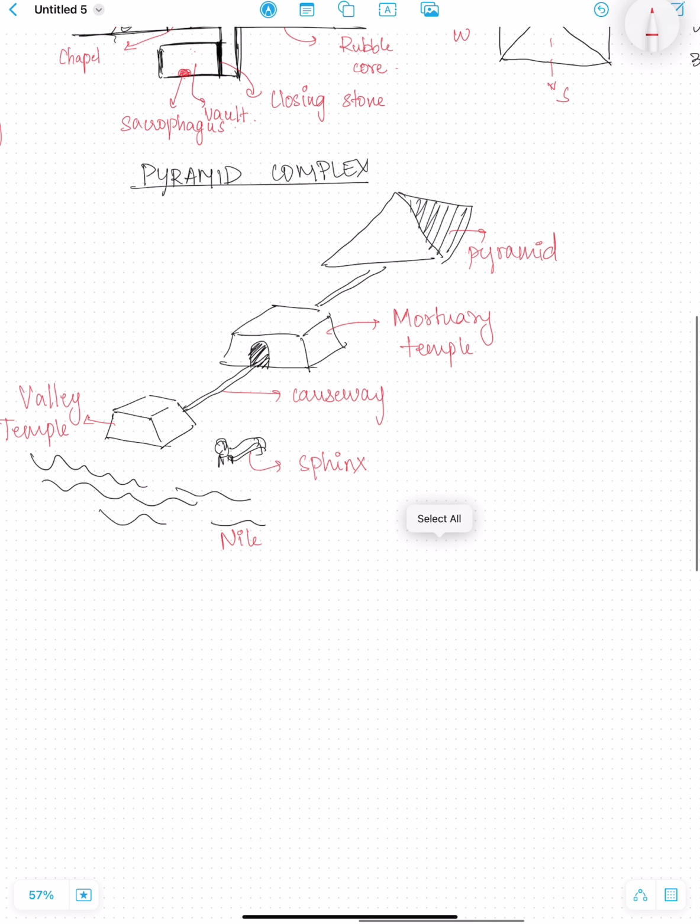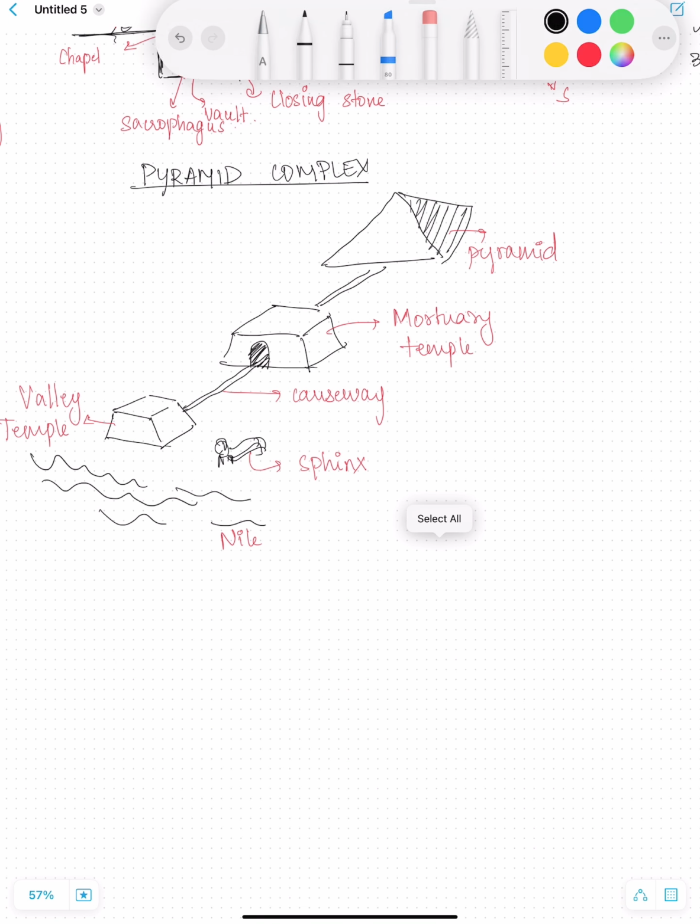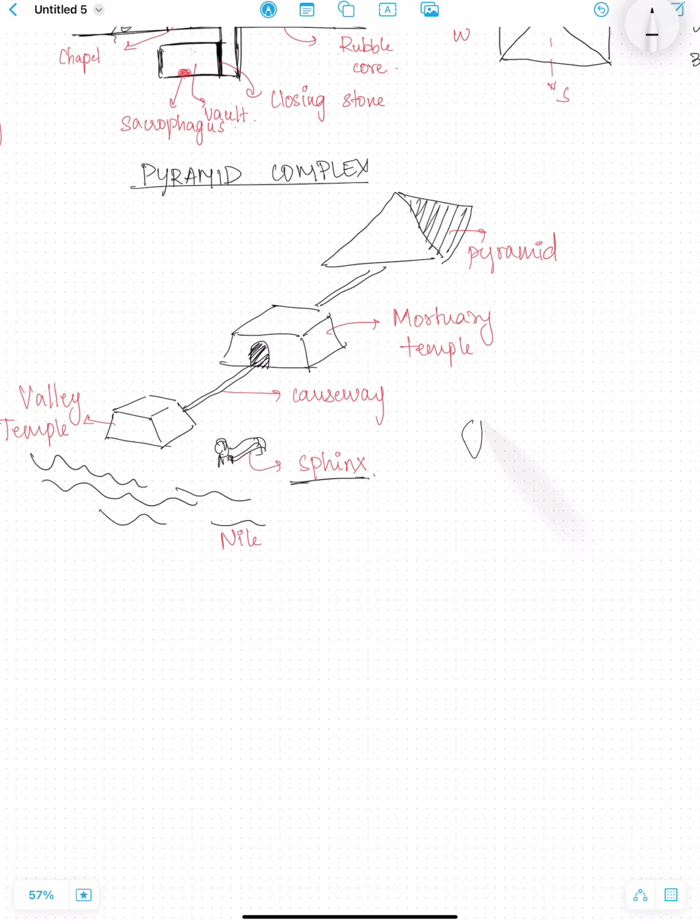Now Sphinx is a mythical character. It has a human face with the body of a lion or a ram. It is very similar to Lamassu in the Assyrian civilization, but in Egyptian civilization it is called a Sphinx, and it is usually present in avenues in front of the temples.